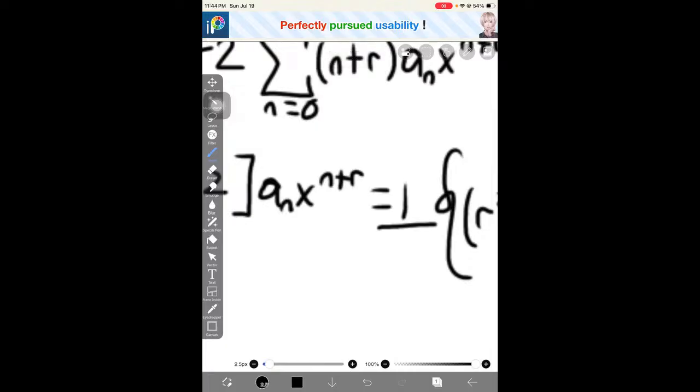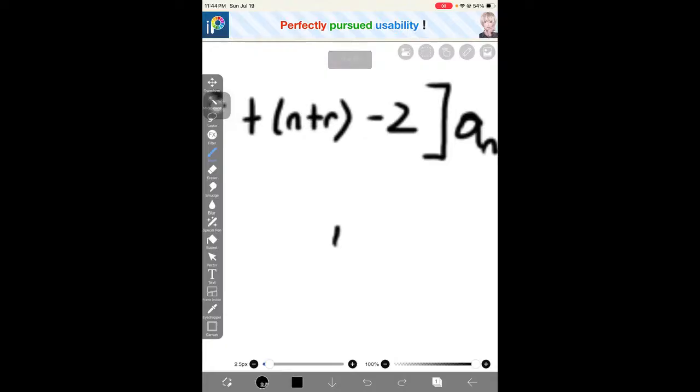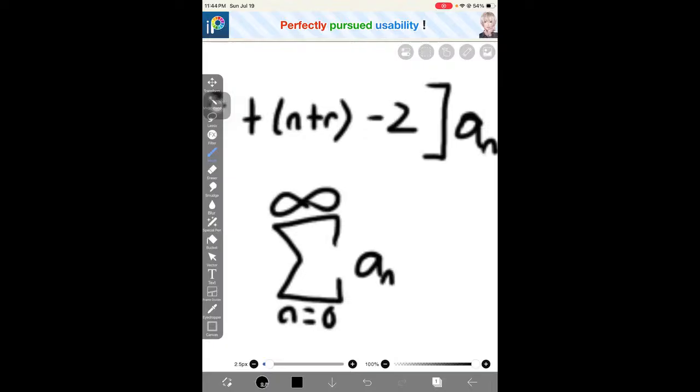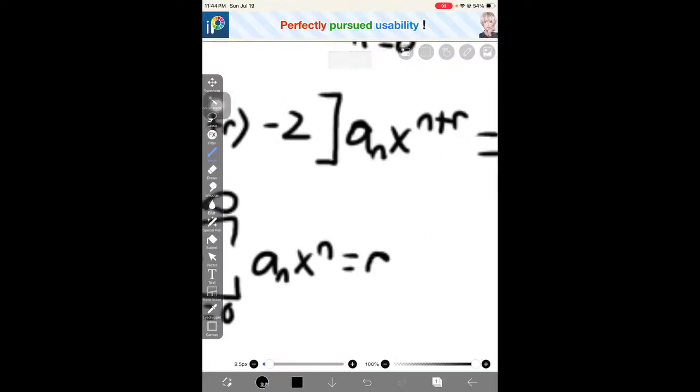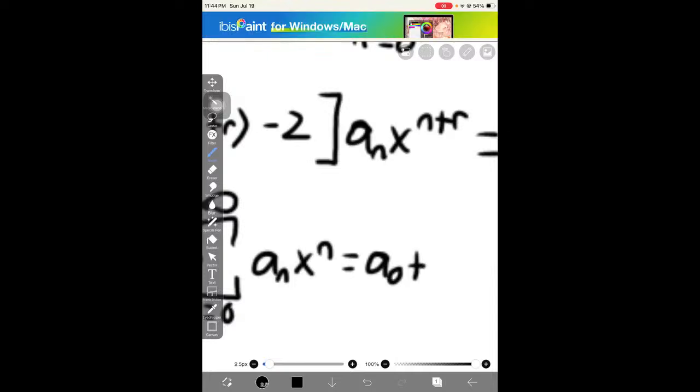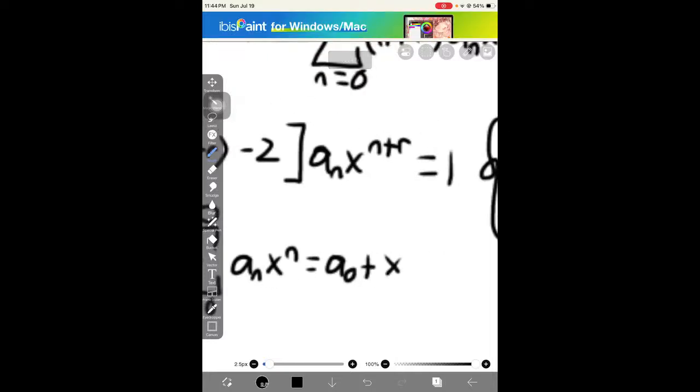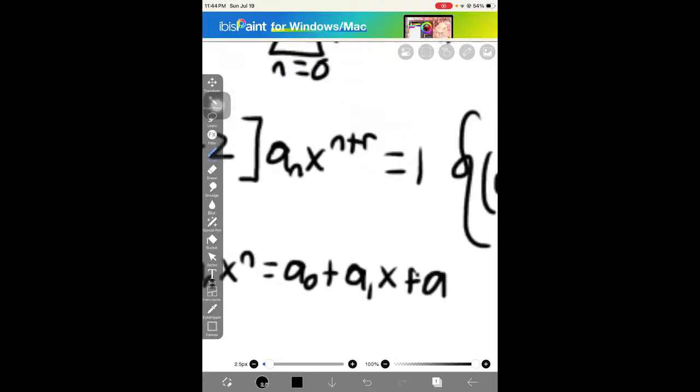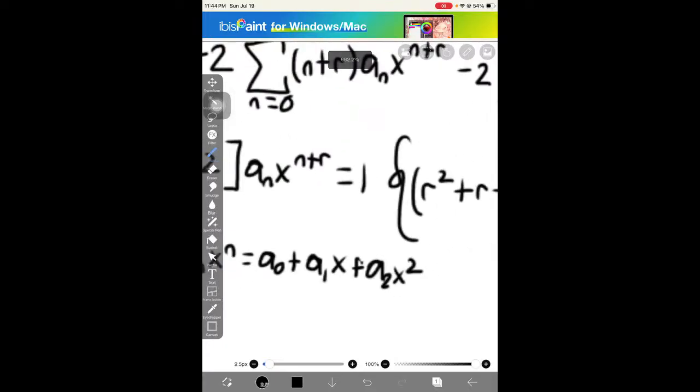1 right here. What do you think in our standard power series? Look at this. n equals 0, a of n x to the n. In our standard power series, we can expand this as a sub 0 plus a sub 1 times x plus a sub 2 x squared, and so on.